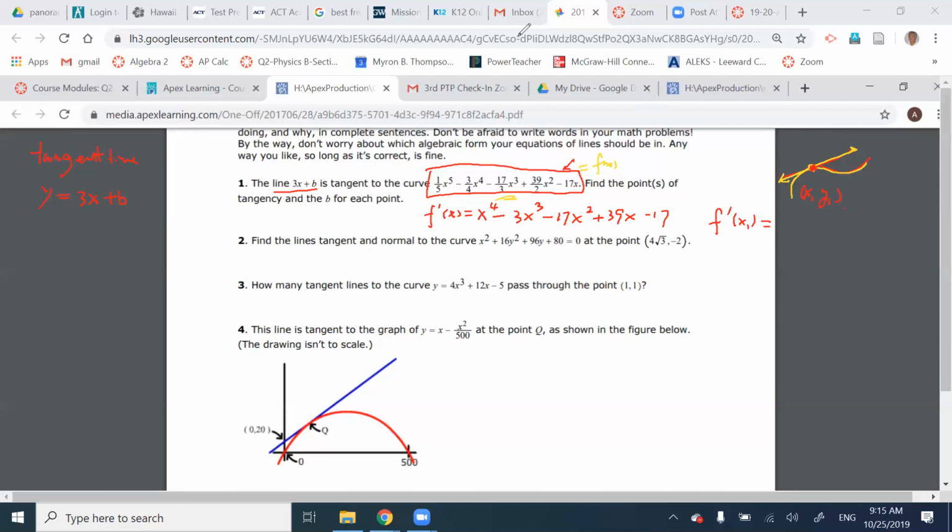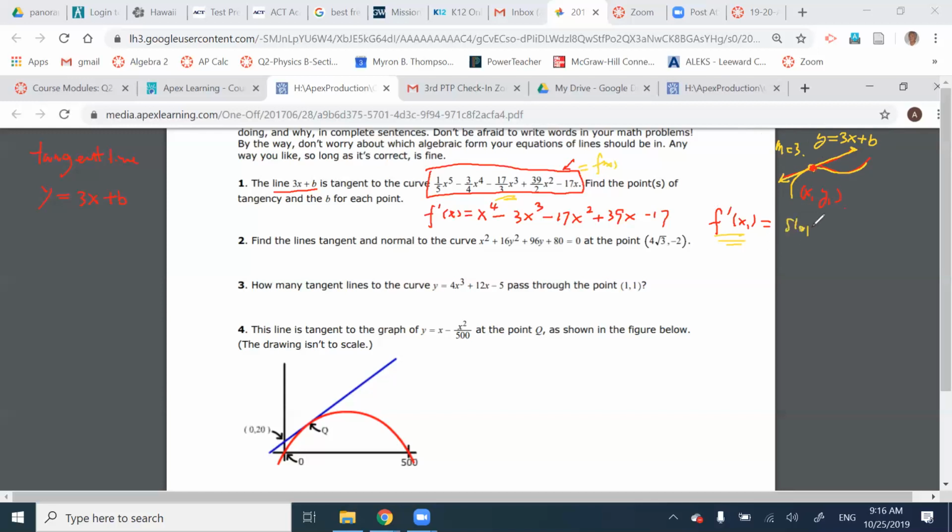Okay, here. This line is y equals 3x plus b, right? So what's the slope of this line? 3. Good, the slope here equals 3. And what does this derivative represent?